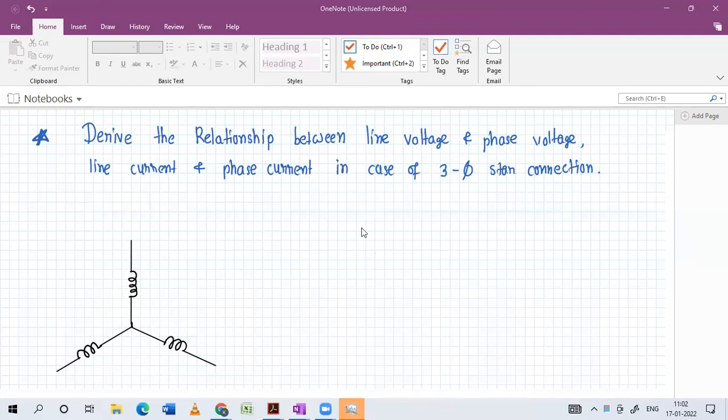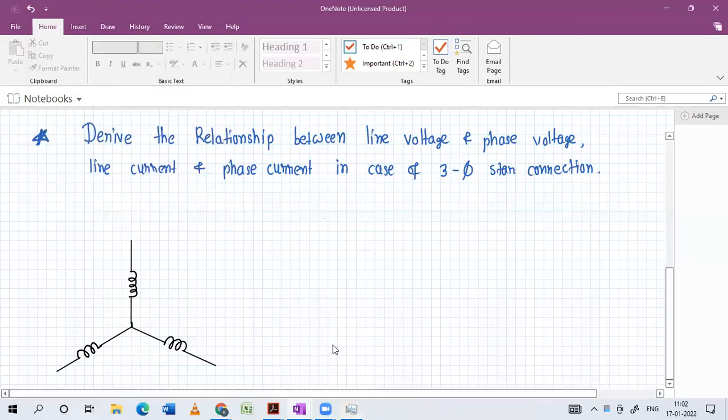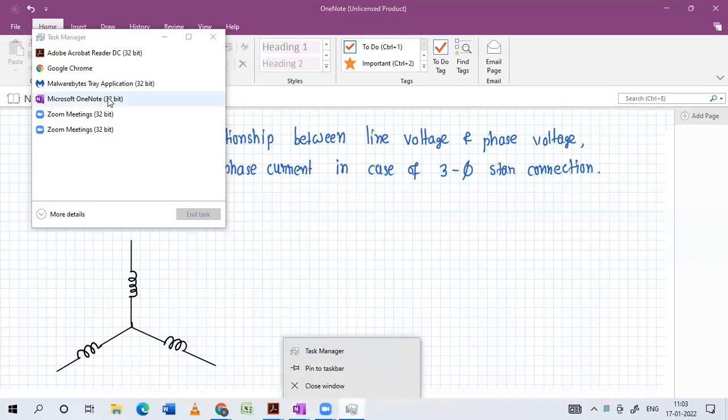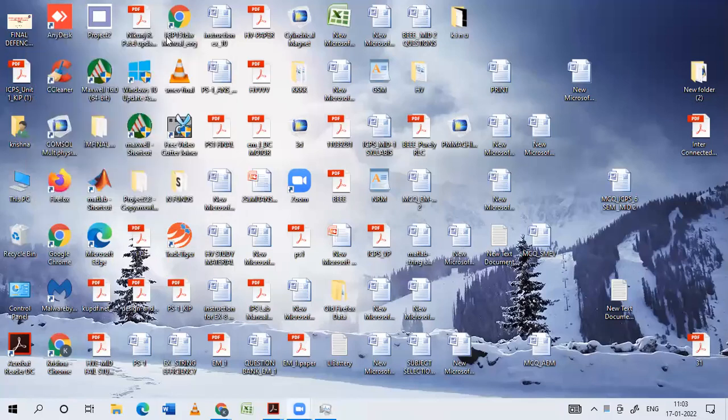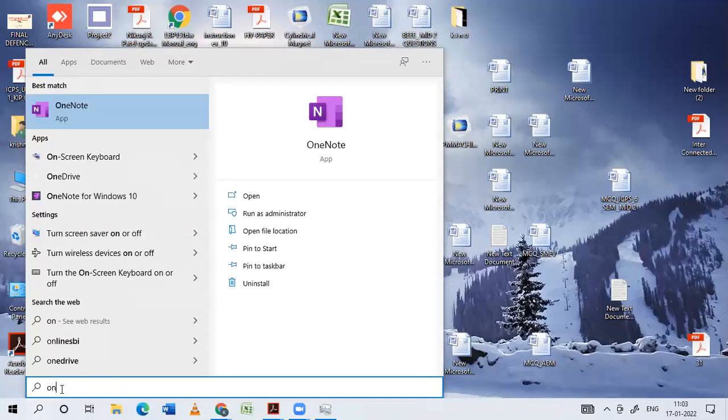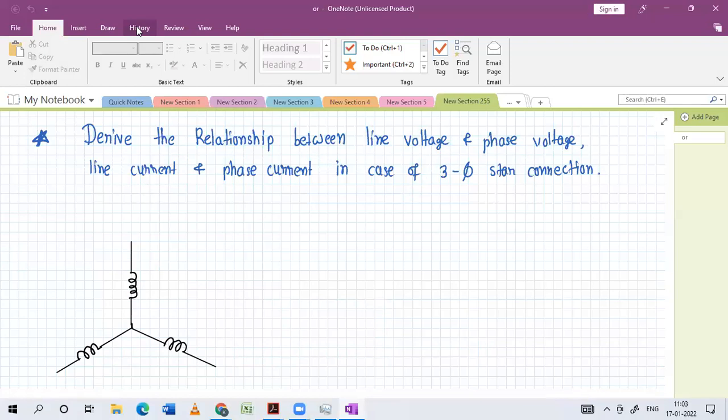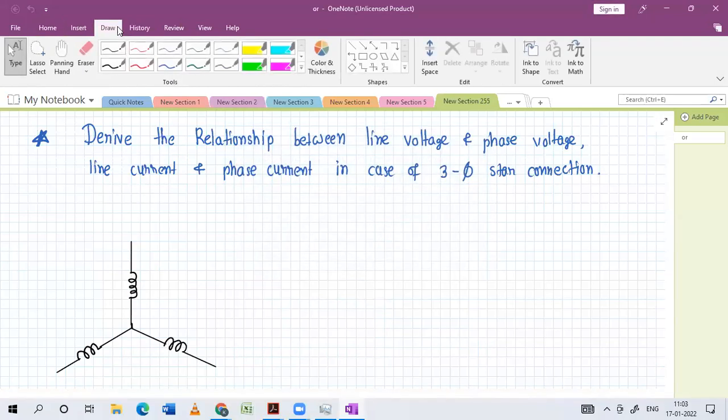Here the drawer and view is not visible. Okay, so now it is okay. Thank you for just a second.